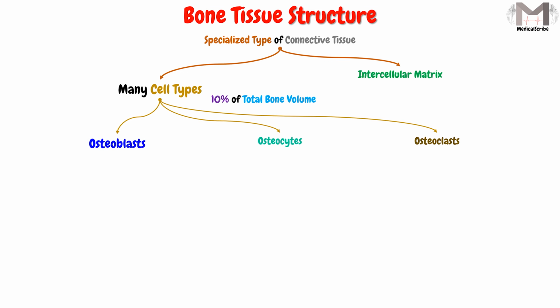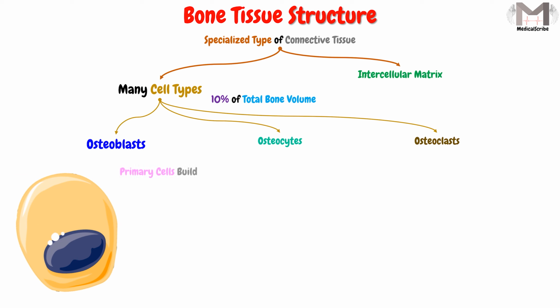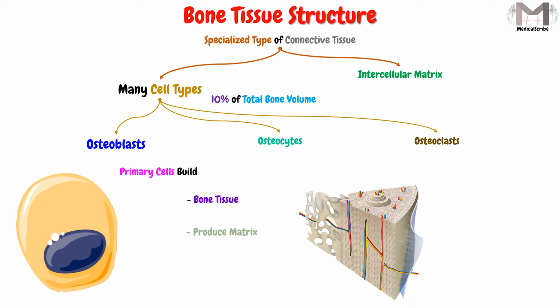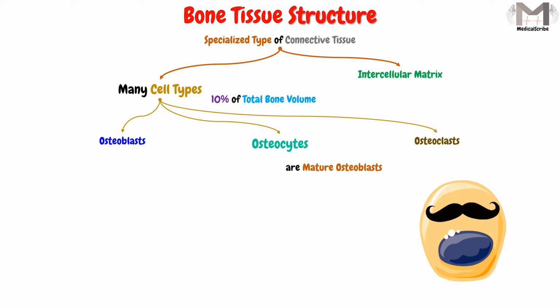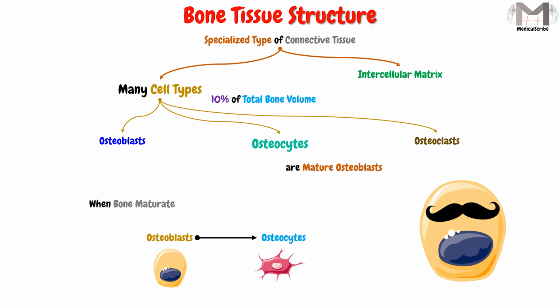The osteoblasts will be considered as the primary cells that are responsible for building bone tissue and producing matrix components, while the osteocytes are the mature osteoblasts. That means when an area in the bone becomes mature, the osteoblast embedded in that matrix will become known as osteocytes or mature bone cells.